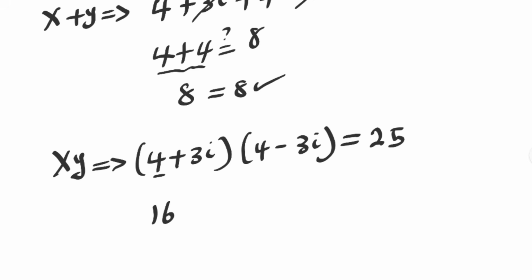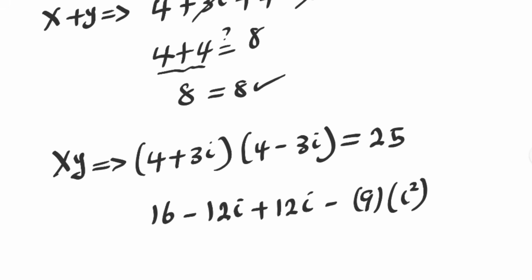Then 4 multiplied by minus 3i, that is minus 12i. 3i multiplied by 4, that is plus 12i. Then plus 3i multiplied by minus 3i, that is minus 9 multiplied by i square must be equal to 25.